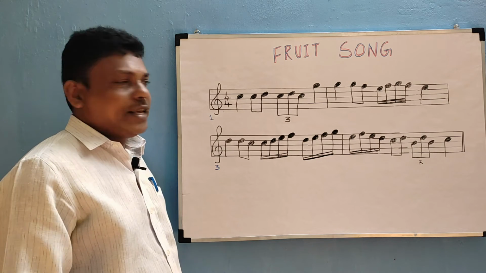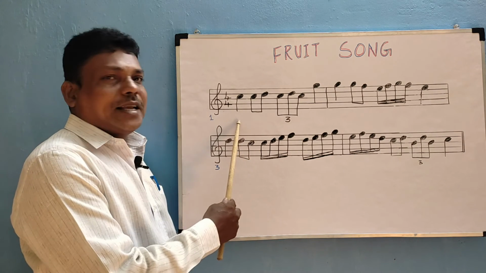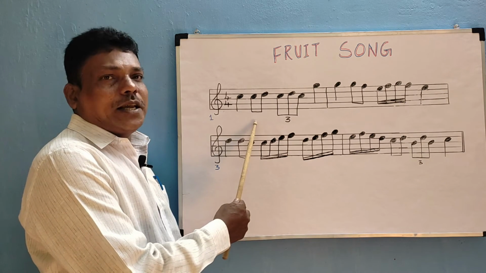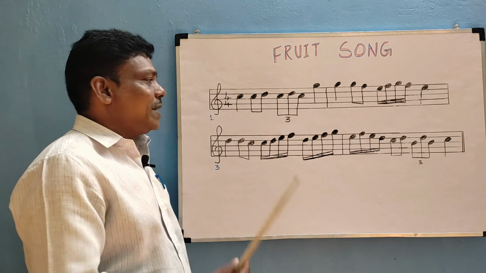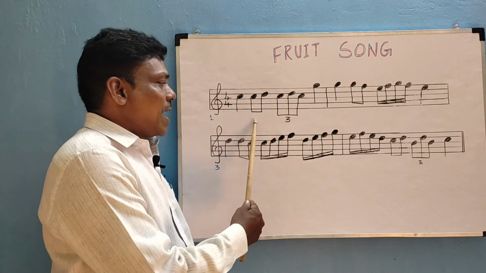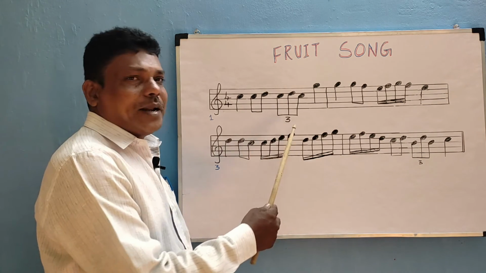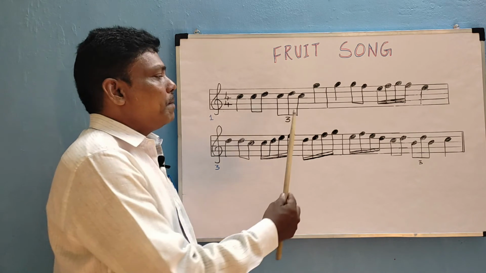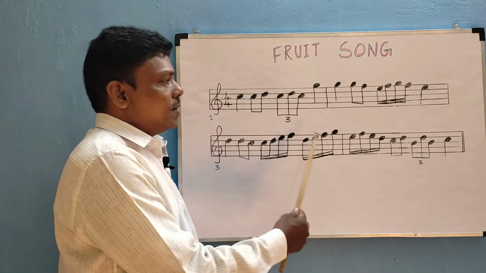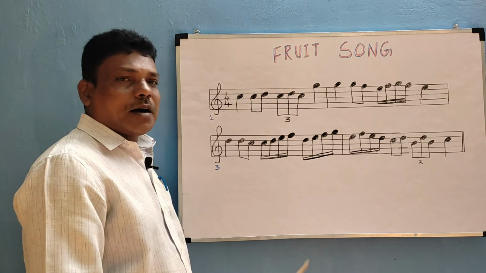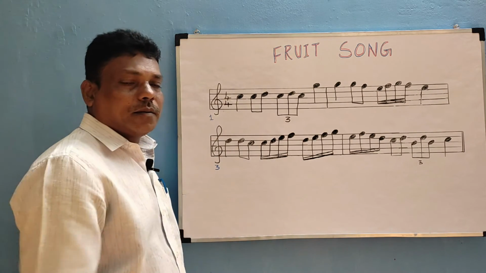Whenever you see a crotchet beat, you just think the fruit name peach. If you see 2 quavers, you think mango, mango. If you see a triplet, just think banana, banana. And then peach. For 4 semiquavers, you think the fruit name watermelon.